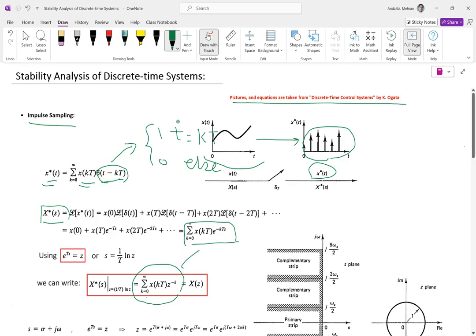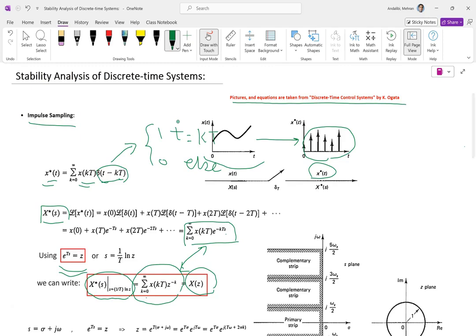And if you look at these two, they are very similar. All you need to do is replace e to the Ts by z. If you just do a change of variable here and replace e to the Ts by z, guess what? Then you can say that the Z transform of the discrete signal is the Laplace transform of the sampled signal, right?